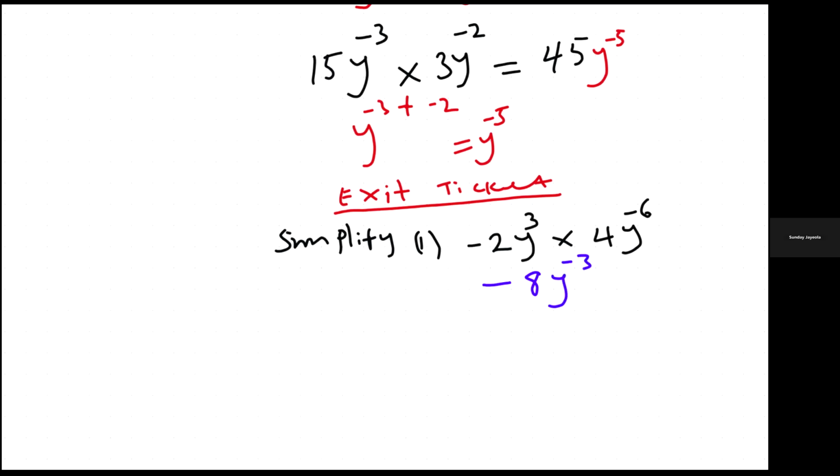Let's give a second question to exit that. We have 3a raised to power 2 multiplied by negative 4a raised to power 6. 3a squared multiplied by negative 4a raised to the power of 6.